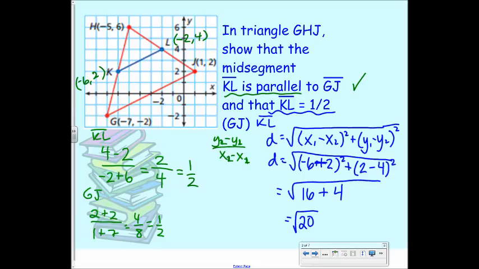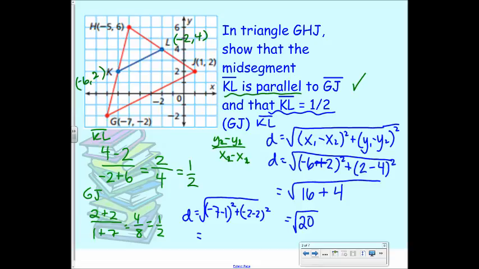Okay, so that's KL, and then we need to find GJ. What's your x1 for GJ? Negative 7 minus 1 squared plus negative 2 minus 2 squared. What's negative 7 minus 1?